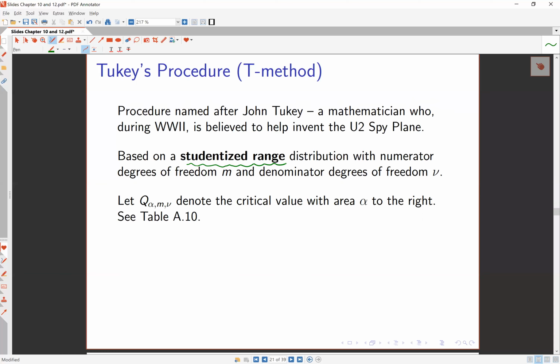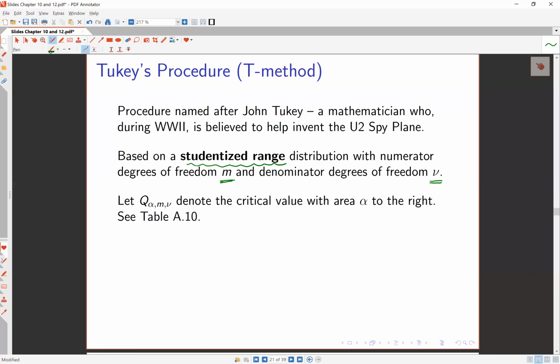Now, this is a distribution with, again, 2 degrees of freedom quantities, a numerator degrees of freedom, which we'll denote by m, and a denominator degrees of freedom, which we will denote by mu.